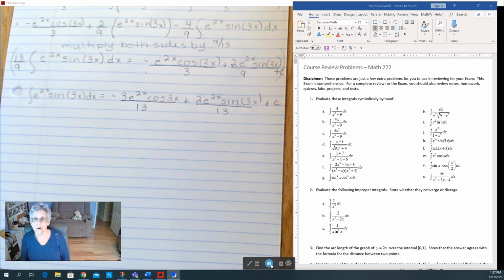Be very careful with all those fractions. That's where you're most likely to mess up on one of those.